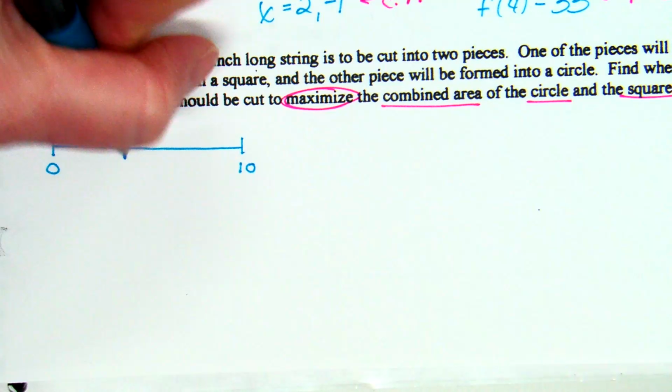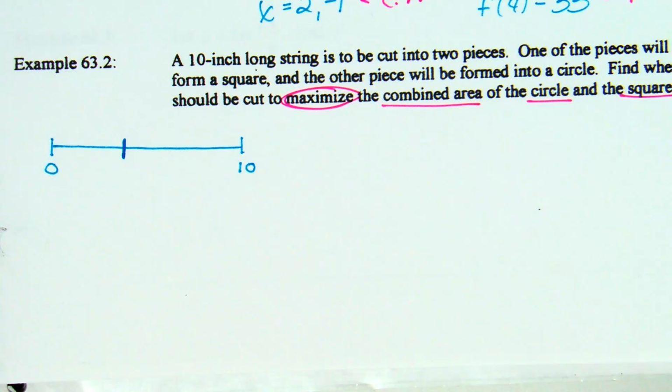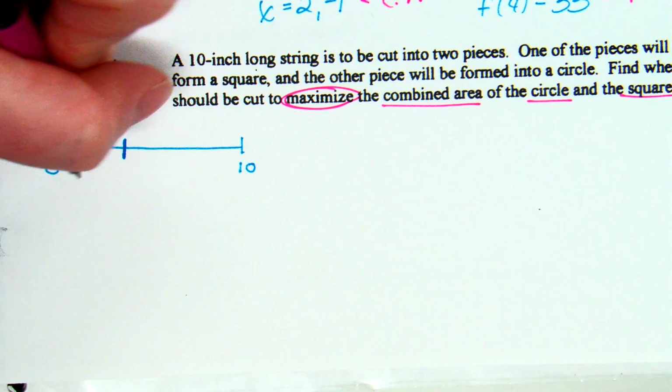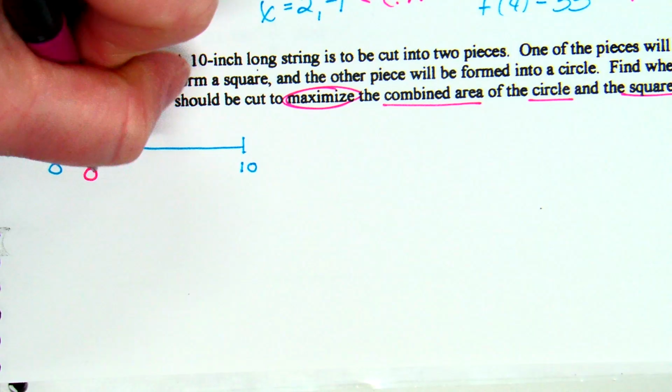Here's me cutting it into 2 pieces. One's going to form a square, the other's going to form a circle. I don't know that it matters. I'm going to go with what I've done. So I'm going to pretend this piece forms a circle and this piece forms a square.